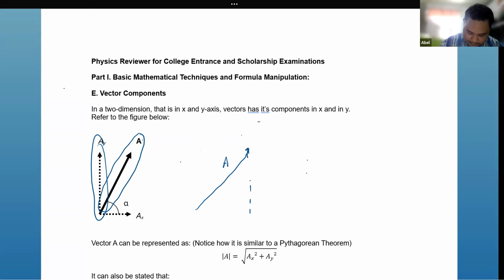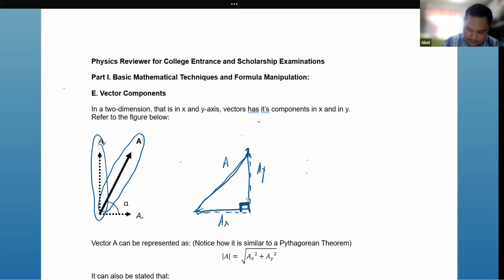Let's try to transfer that AY. So this is the AY, and then this is the AX. Take note that this now resembles a right triangle, right?